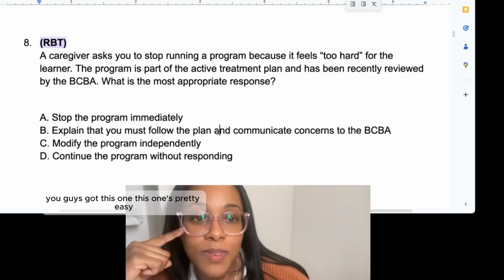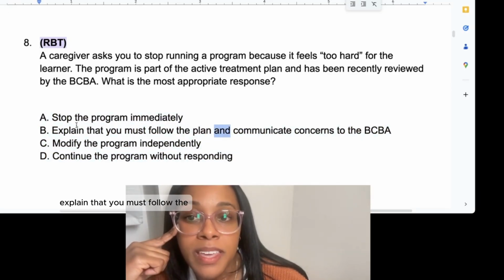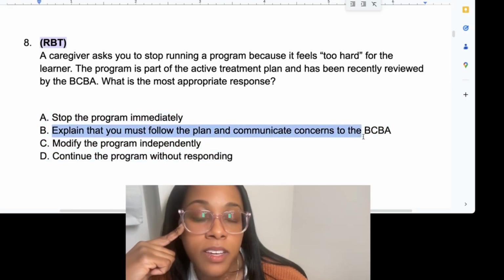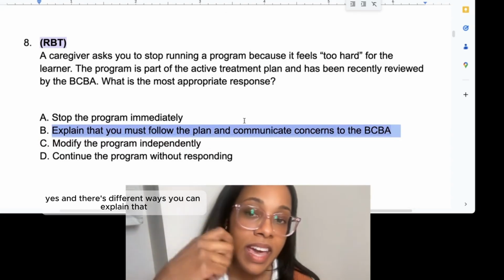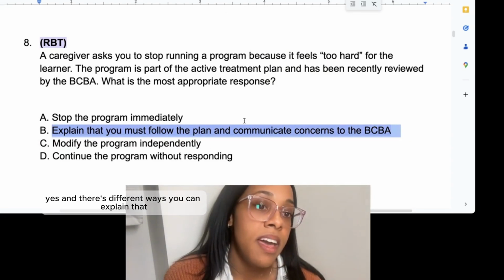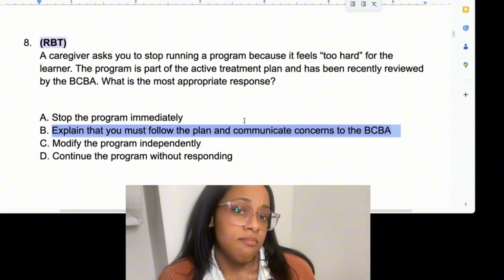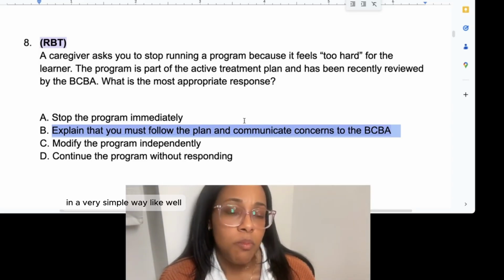Okay, yeah, you guys got this one. This one's pretty easy. Explain that you must follow the BCBA. Yes, and there's different ways you can explain that in a very simple way.